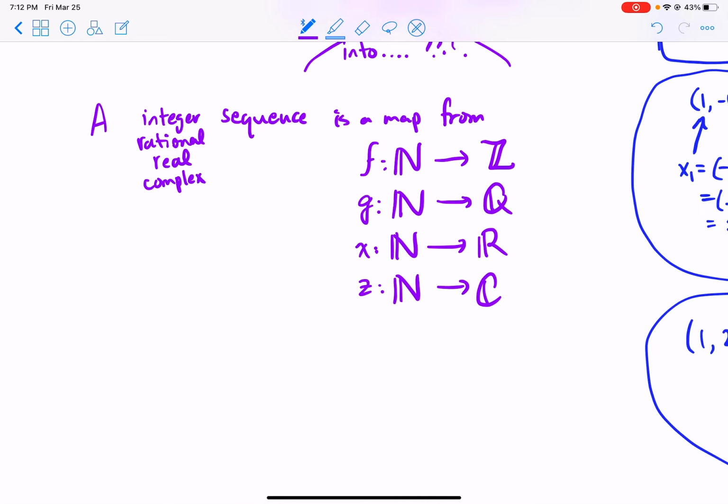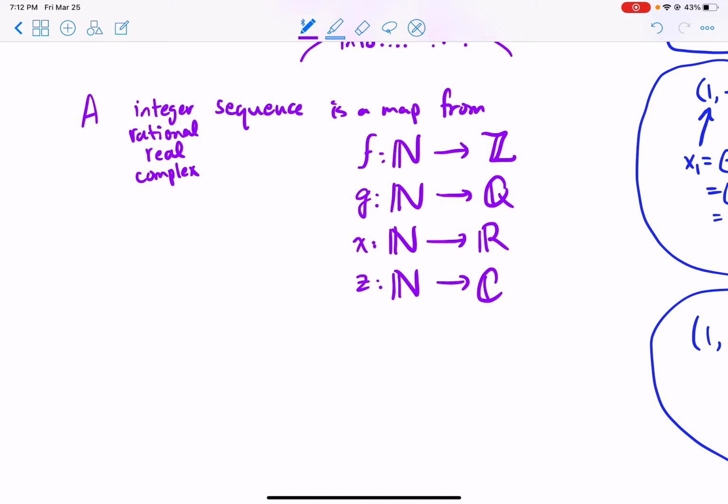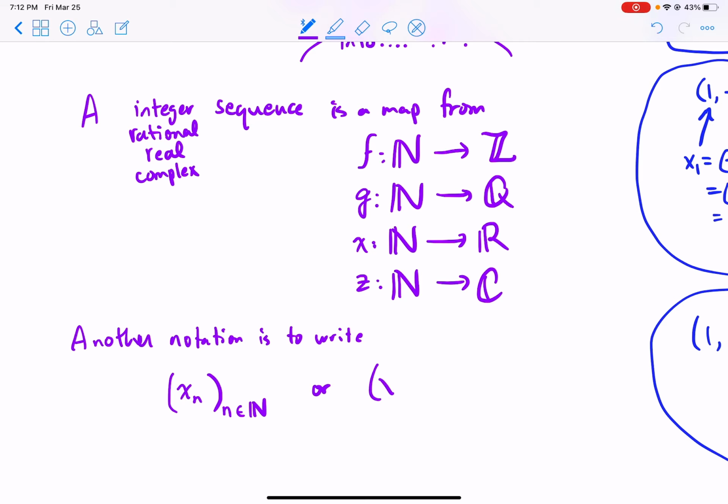Each of these is some sort of a rule. And so another notation is to write maybe x sub n, and put it in parentheses, and then say for n in the natural numbers, or x sub n with n equals 1 to infinity, or x sub n with n greater than or equal to 1.